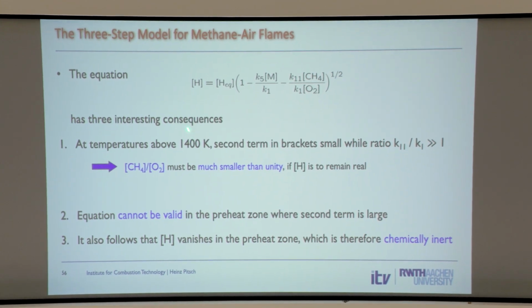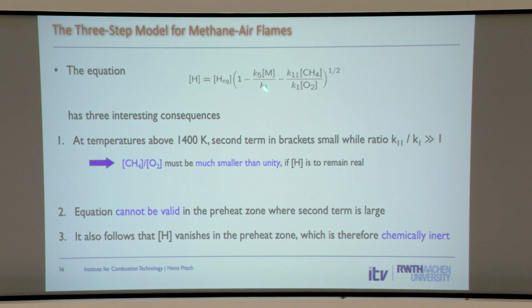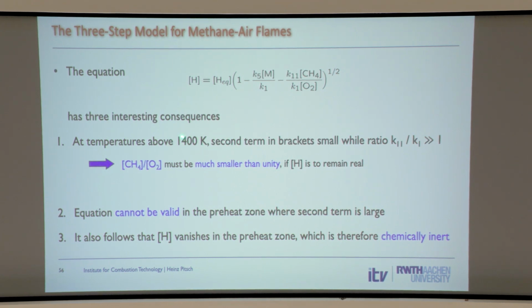And so what are the 3 terms? The 1 here represents reaction 1, chain branching, that produces radicals. 5 was chain breaking, and 11 is just the initiation, the fuel consumption. If we first look at this last term here, it turns out that at high temperature, let's say above 1400 Kelvin, k11 by k1 gets very large, okay?